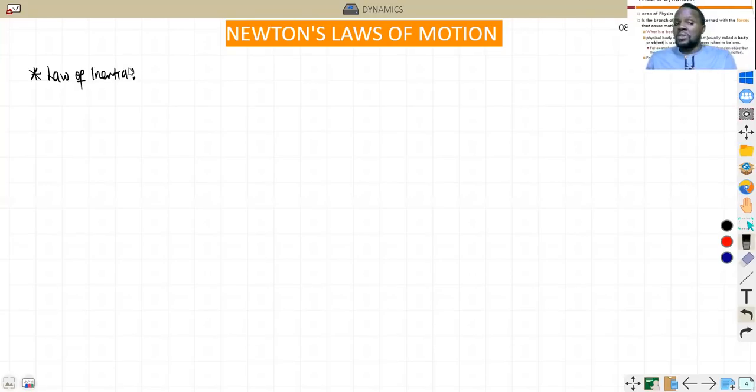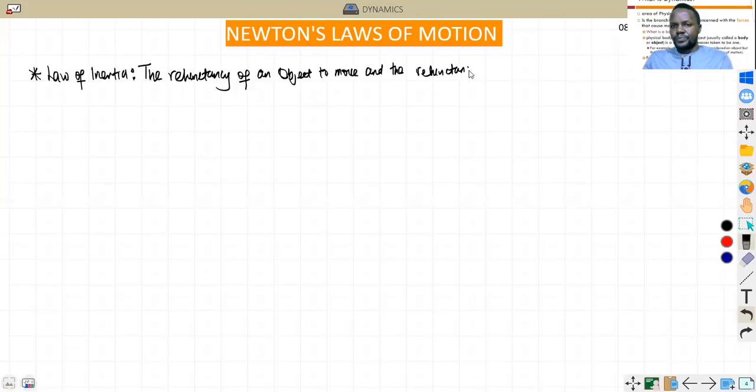Now, what is inertia? We can just write that. Inertia basically is the reluctancy of an object to move, and the reluctancy to stop moving when it is in motion.